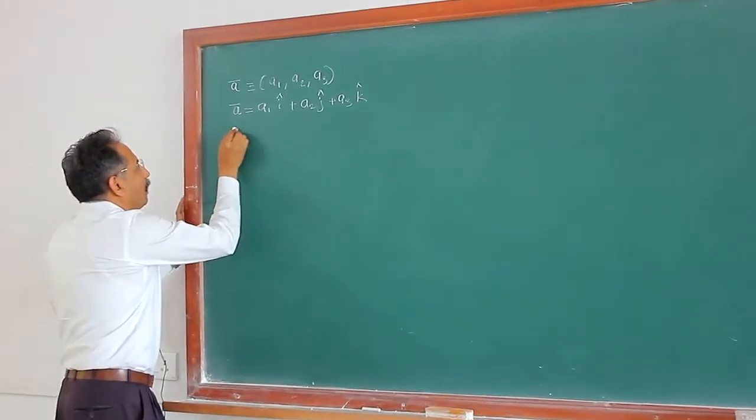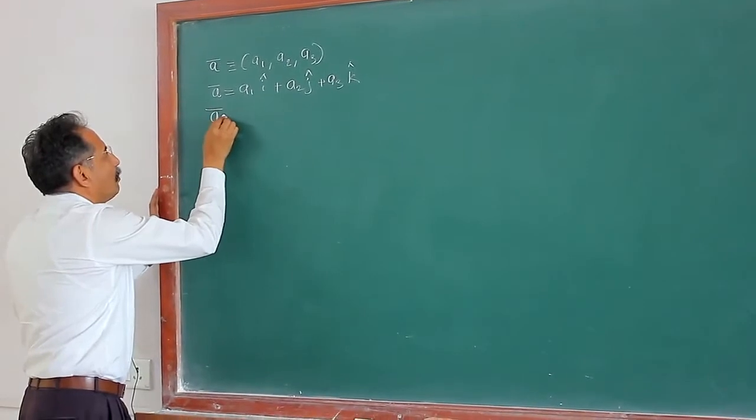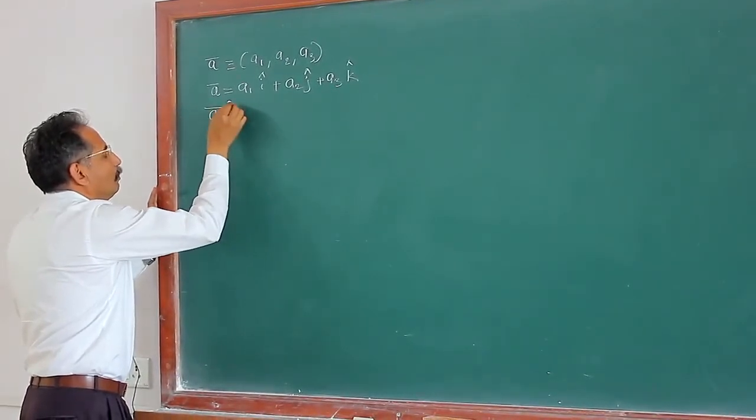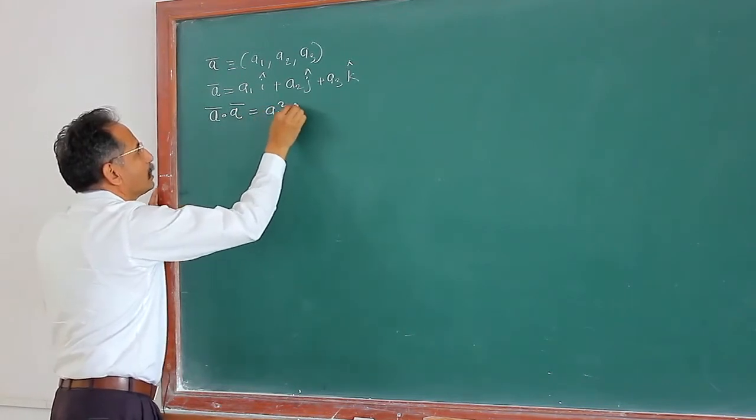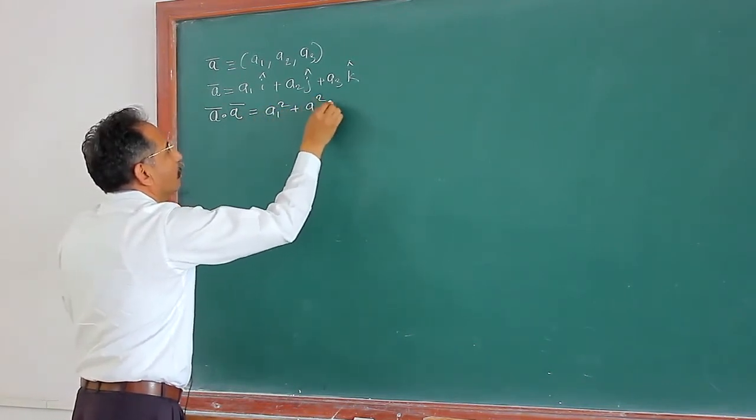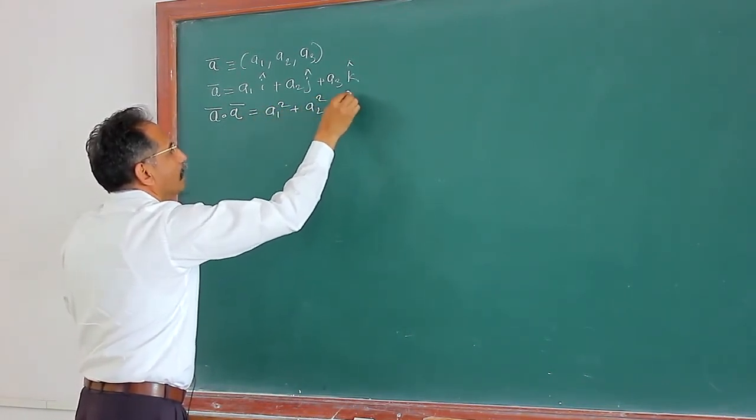If you find the dot product of A bar with A bar, it is A1 square plus A2 square plus A3 square.